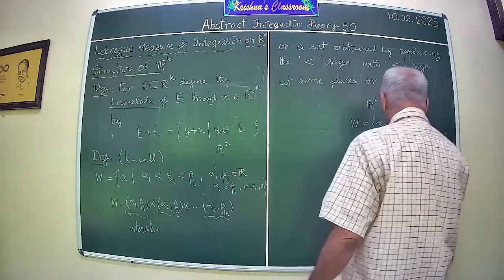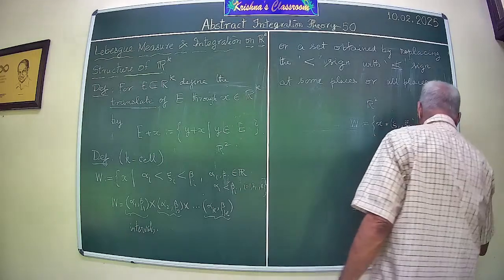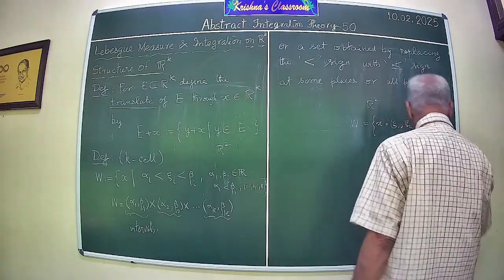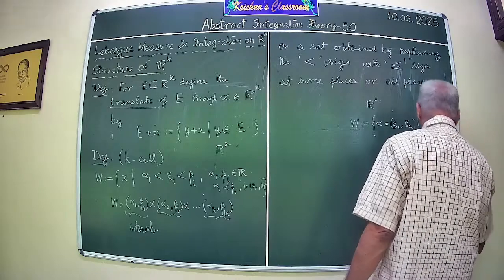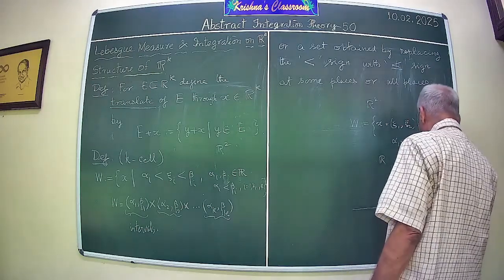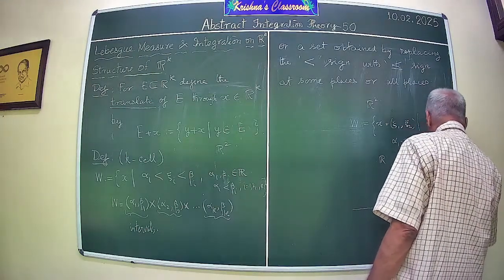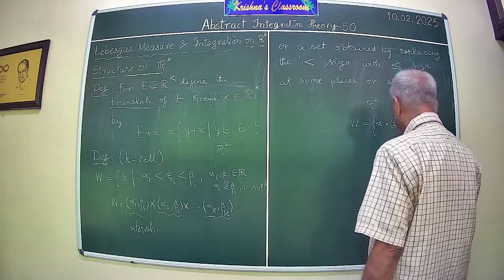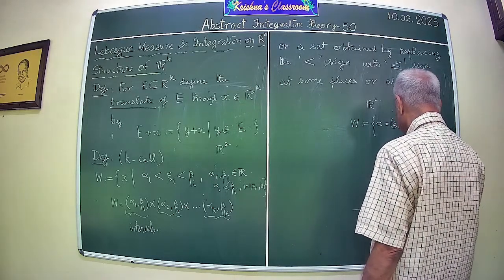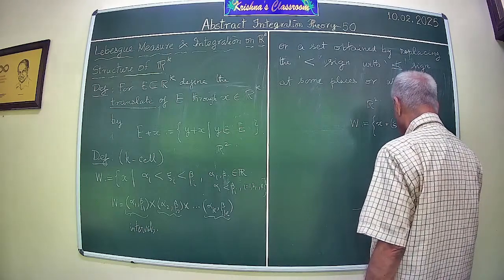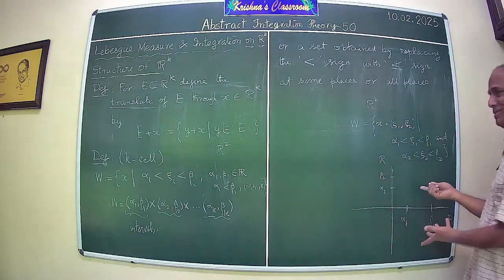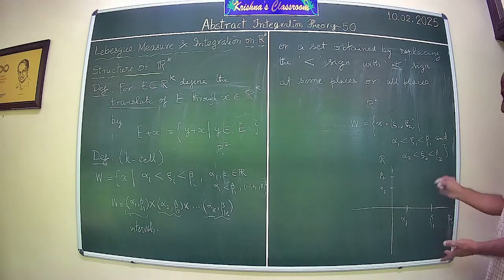Geometrically, this is R2. You have alpha 1, beta 1. This need not be in the first quadrant, it can be anywhere.